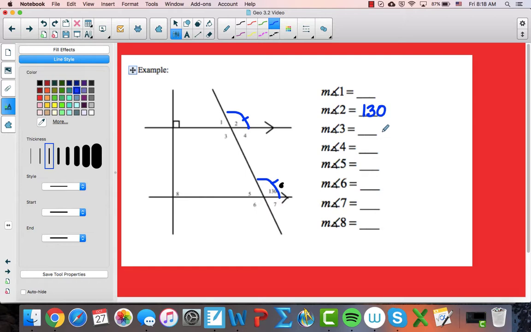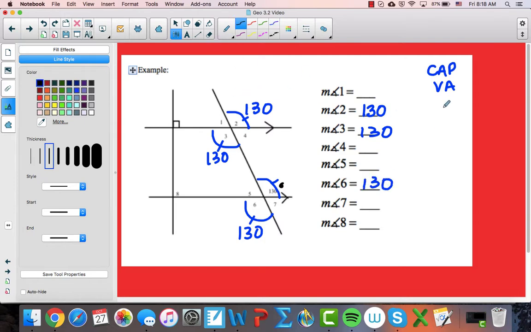After I go through the corresponding angles, I tend to go to the vertical angles if there are any. So I see that 3 and 6 are vertical. So 3 is congruent to 2, and 6 is congruent to 3. So then this is 130, and this is 130. All right, so angle 3 is 130, angle 6 is 130. All right, angle 1.